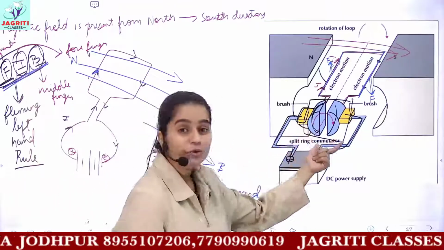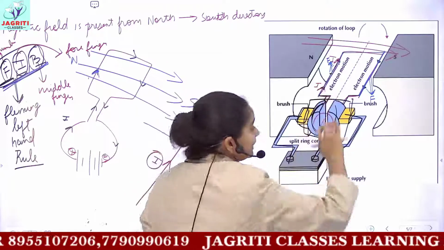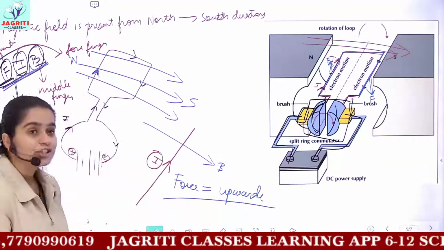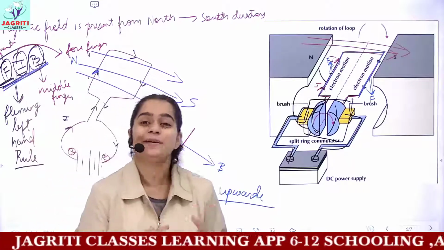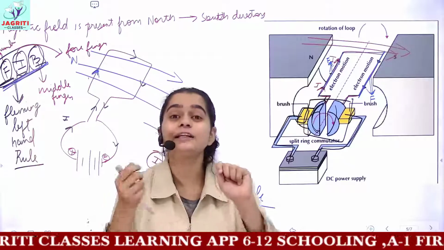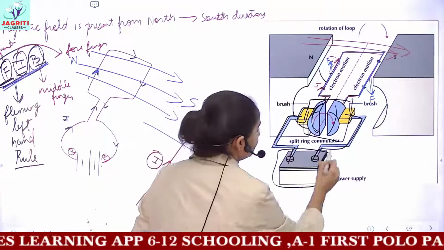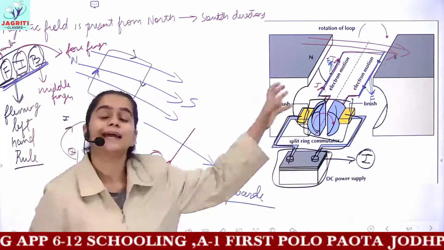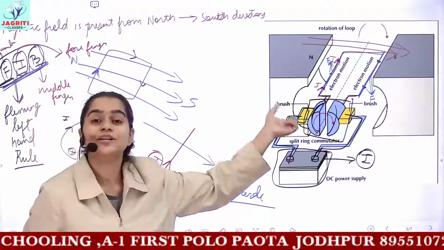And with this commutator, the direction of force would get reversed. Once the force is acting in a direction, which I told you just now using Fleming's left hand rule, after completing half cycle, when we reverse the direction of current, then the direction of force would also get reversed. Okay, so this is basically how an electric motor works.